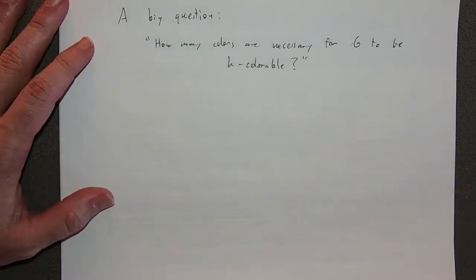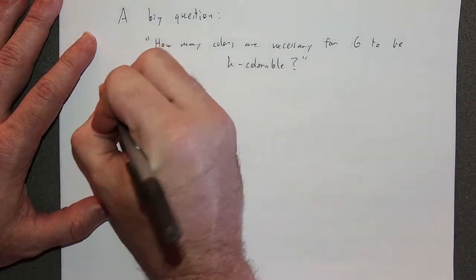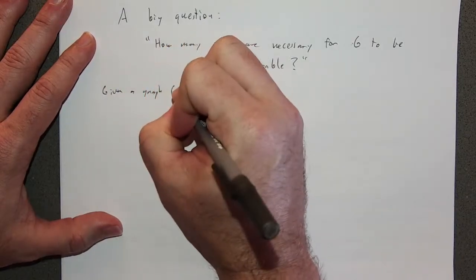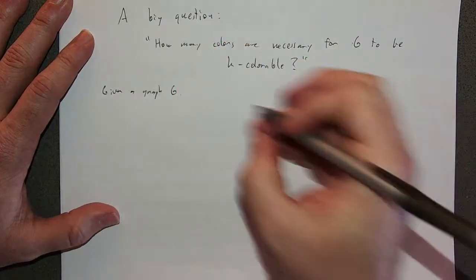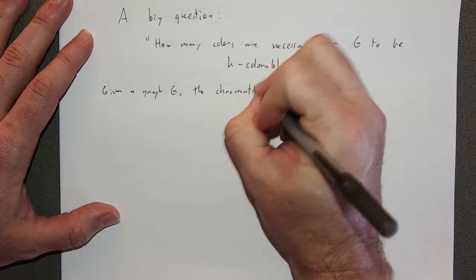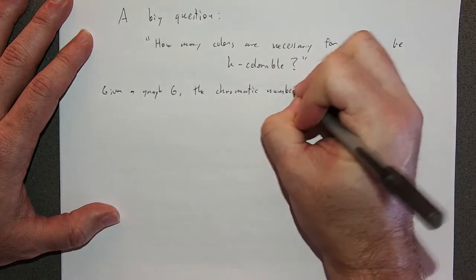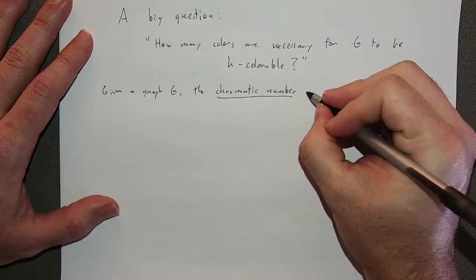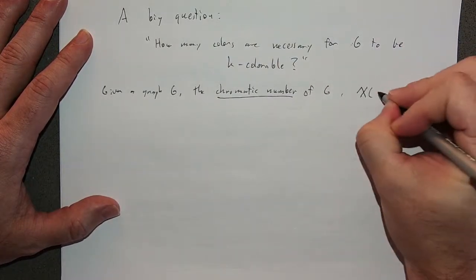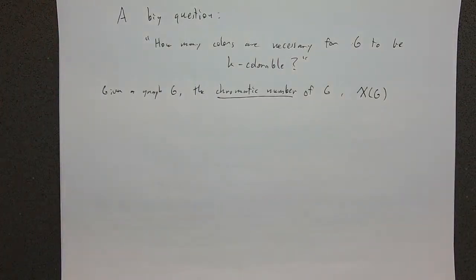So this leads us to the following: given a graph G, the chromatic number of G, which we denote as the Greek letter chi of G. This is why I told you I'm not going to use the usual notation for Euler characteristic, even though I wrote it.